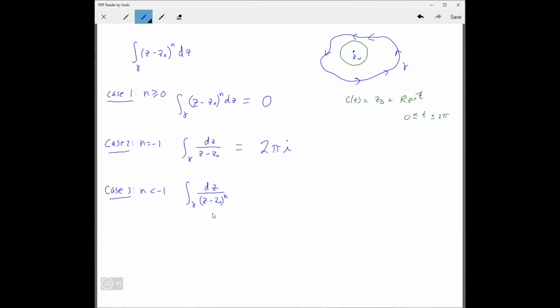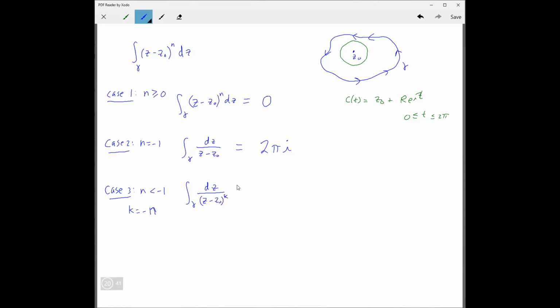We'll say that's a k, so we'll say k is -n. So you have something like this where k is 2 or greater. It could be 2, 3, or 4. We're only looking at integer values, because if it's not an integer, then forget it.